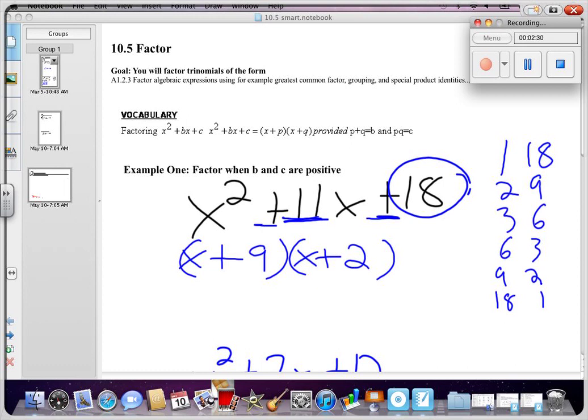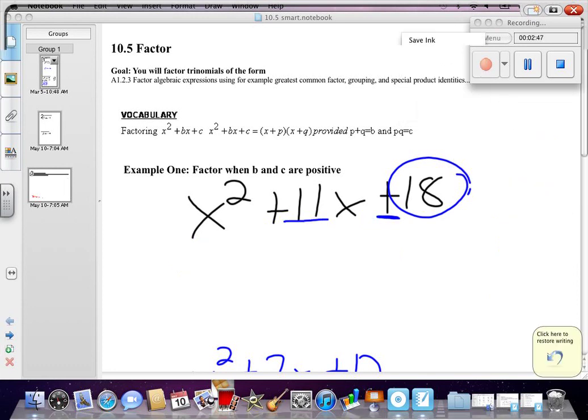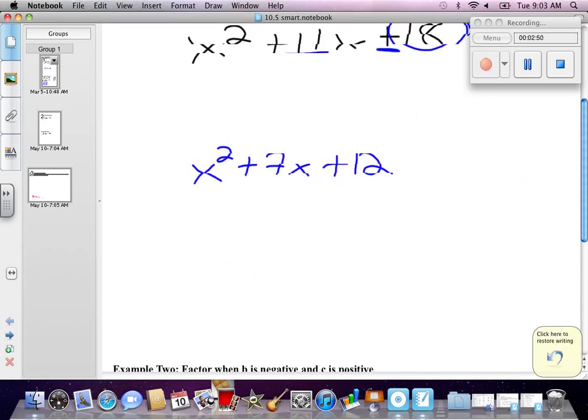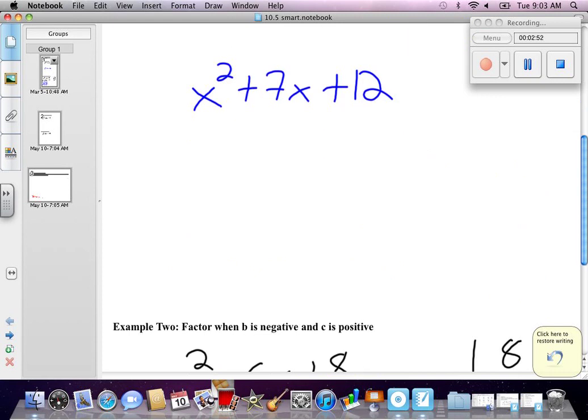Let's try another one just like this, but you guys try this one on your own. Okay, this is not on your paper, so you got to write this down. x squared plus 7x plus 12.